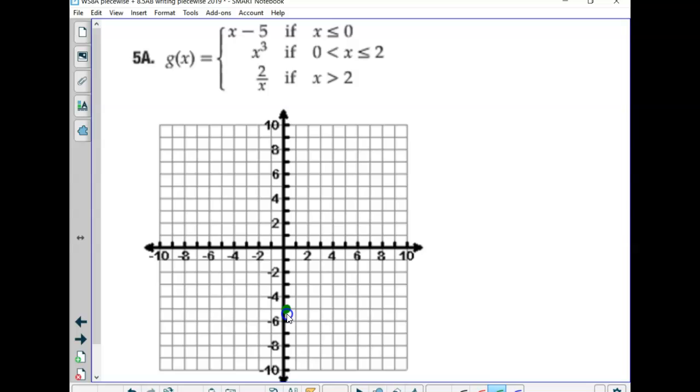And what is the slope? 1. And graph that line. It would look like going up 1 over 1 like that. Okay, there's the line. But do I want that whole line? I only want what? The values less than 0. So which half of that line do I need to erase?